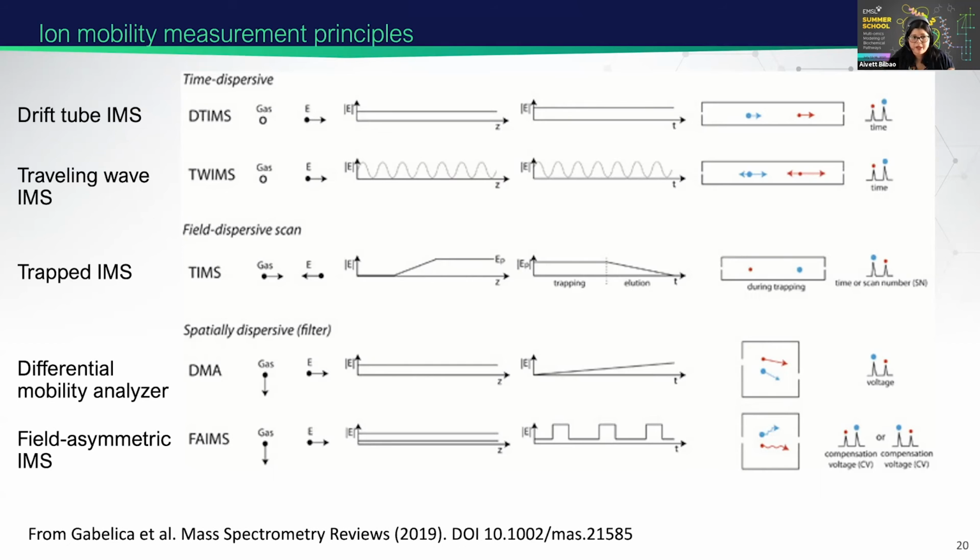We have trapped ion mobility, where basically we have two stages, one of trapping and one of elution. The differential mobility analyzer applies a ramp of this electric field, and field asymmetry finally applies a square form to achieve the mobility separation.